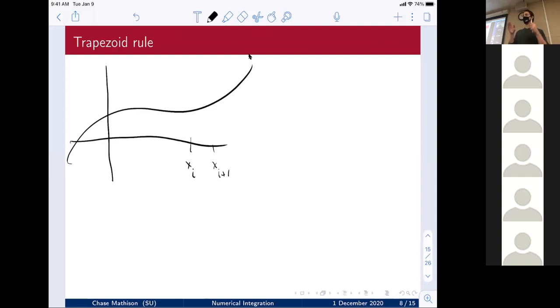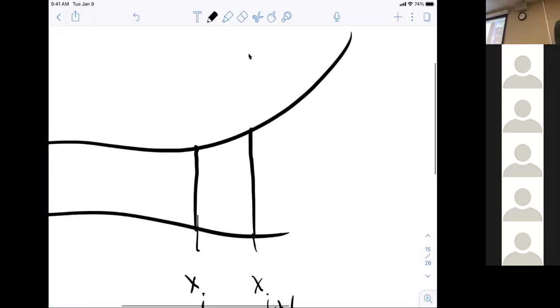We have the same fixed width of our trapezoids, but now instead of only going up to the function on my left edge, or only on the right edge with a rectangle, on the left edge we go up to the function, and on the right edge we go up to the function. And then we are interested in finding the area of this trapezoid.